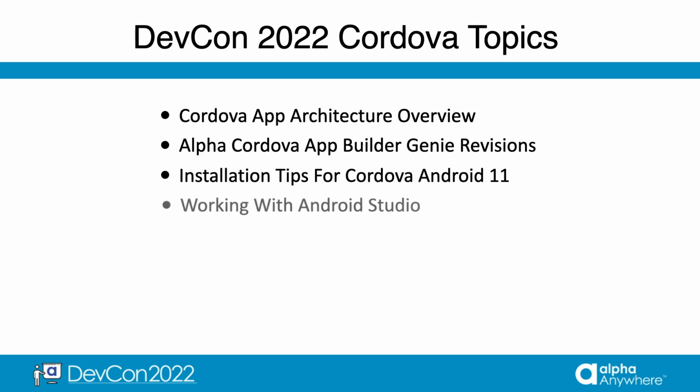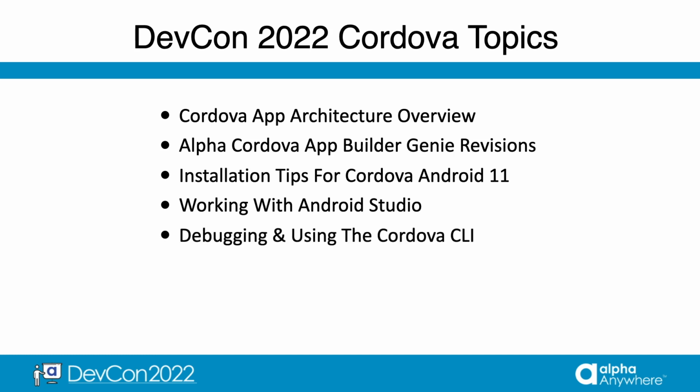And we'll take a look at working with Android Studio. We'll take a look at debugging and using the Cordova CLI along with Android Studio. Then we'll take a look at working with Cordova apps with Xcode. And then I'll discuss some of the work I've got in progress.